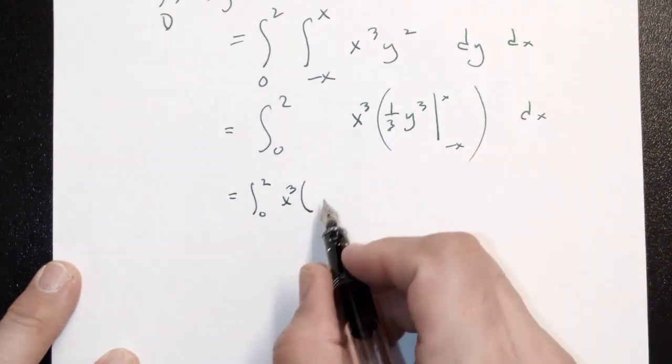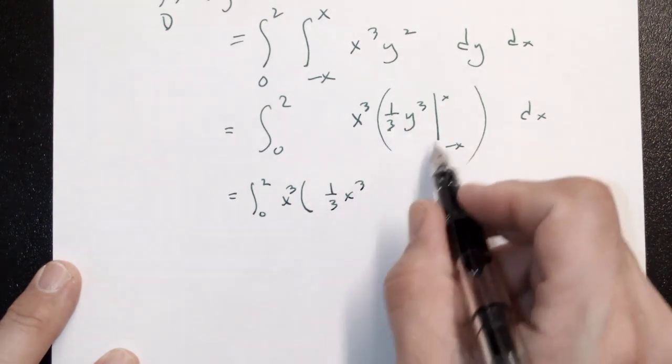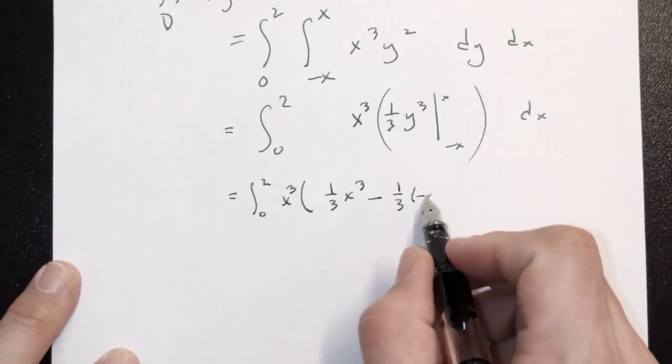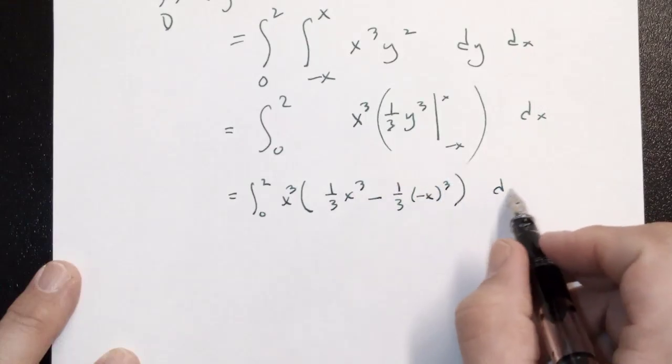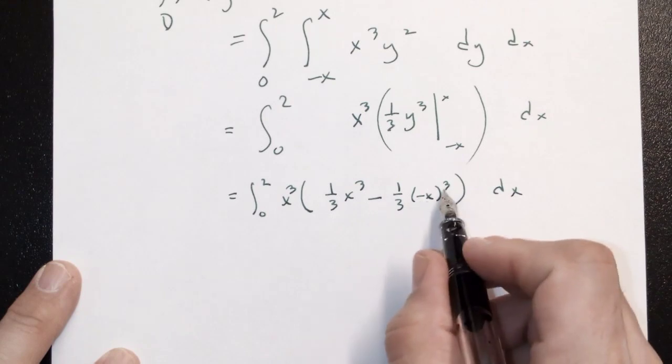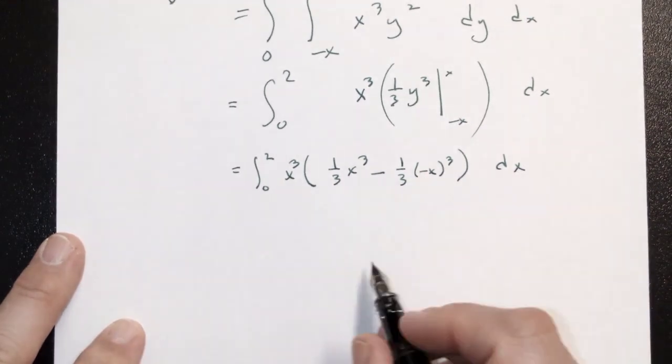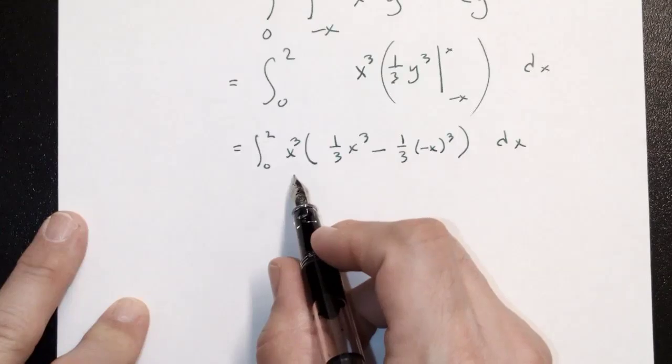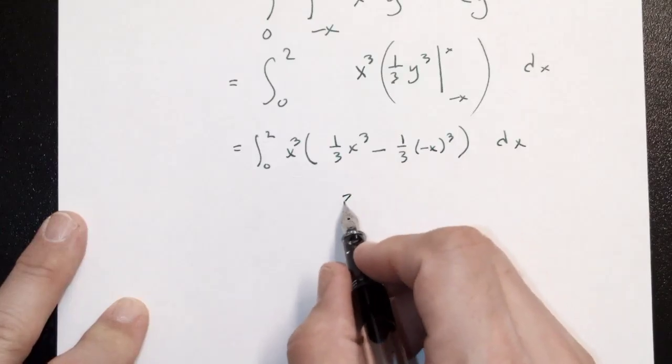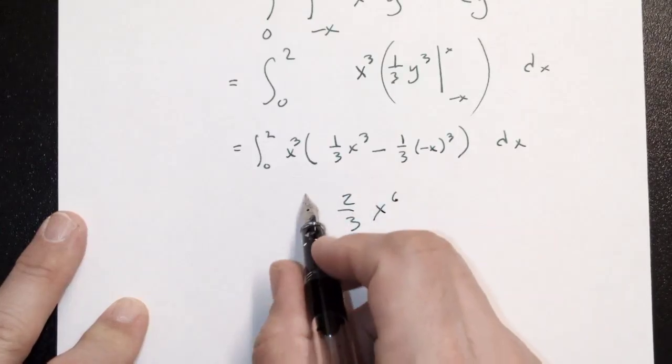Because I get a 1/3 x cubed, and then I get minus a 1/3 negative x cubed, but that negative, when cubed, stays negative, so that becomes positive. I get 2/3. But there's a 2/3 x cubed and there's another x cubed, right? So that really becomes 2/3 x to the 6th.